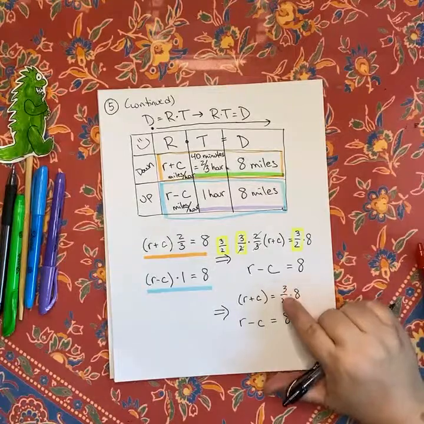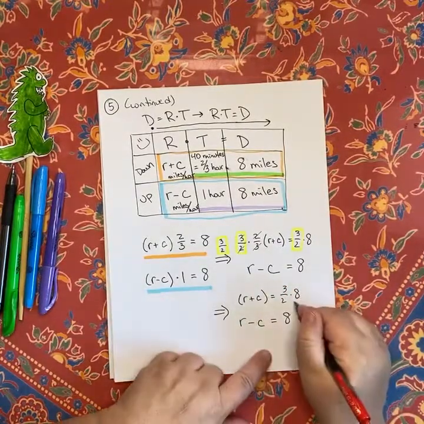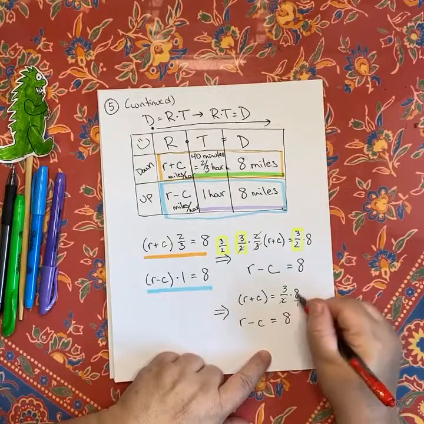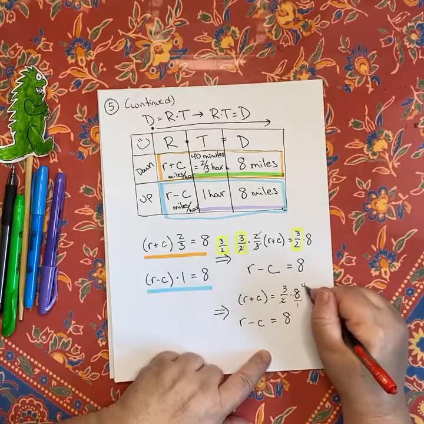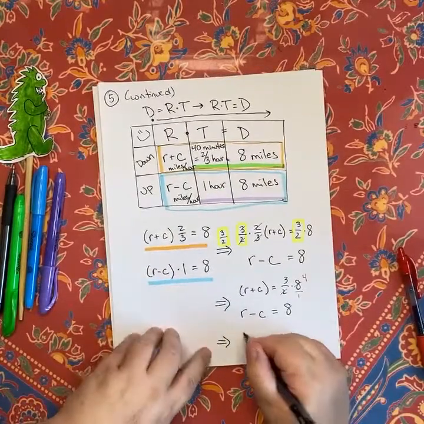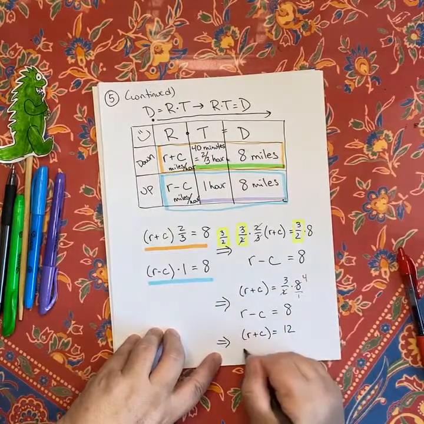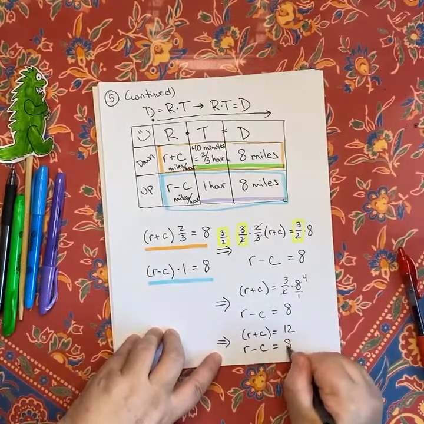Okay, so what's 3/2 times 8? Well, if I make this 8/1, I can see the 2 cancels with the 8 and leaves 4. So then I've got R plus C equals 12, R minus C equals 8.